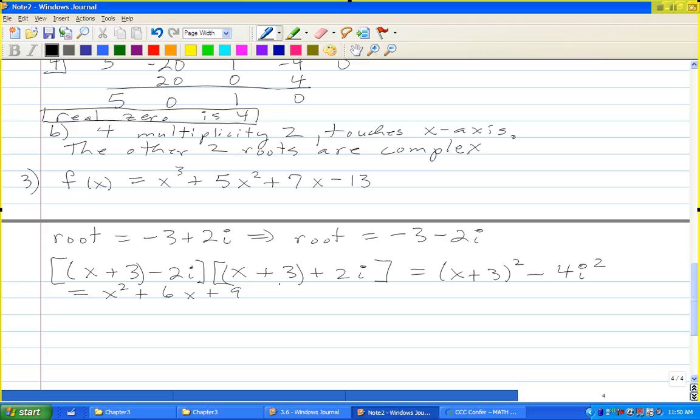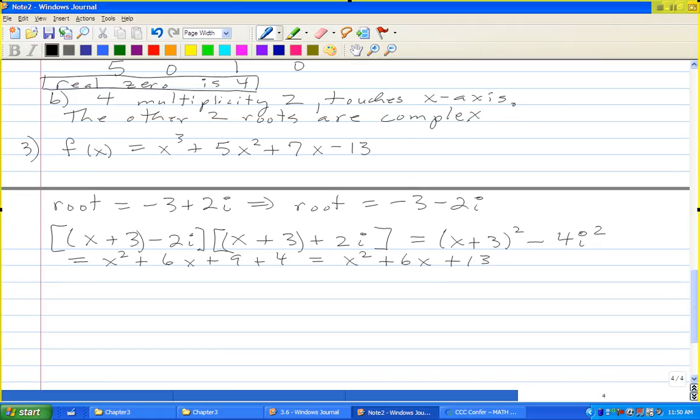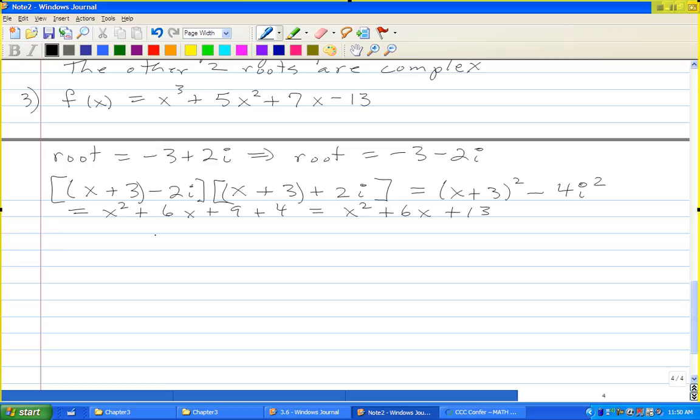Again, i squared is negative 1, so this becomes plus 4. So I have x squared plus 6x plus 13. And so let's divide to find the other root. So x cubed plus 5x squared. Or you can guess, it has to be plus 1. I can just guess it. If I look here, it has to be plus 1, or minus 1, because what else could give you the 13? Okay, so let's see if this works.